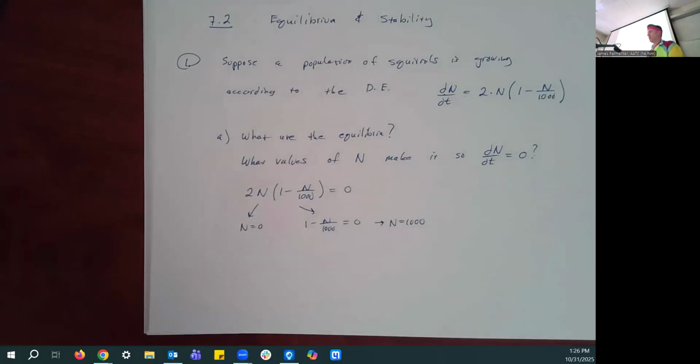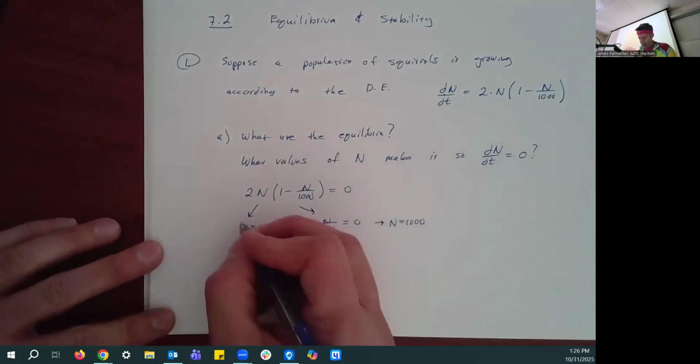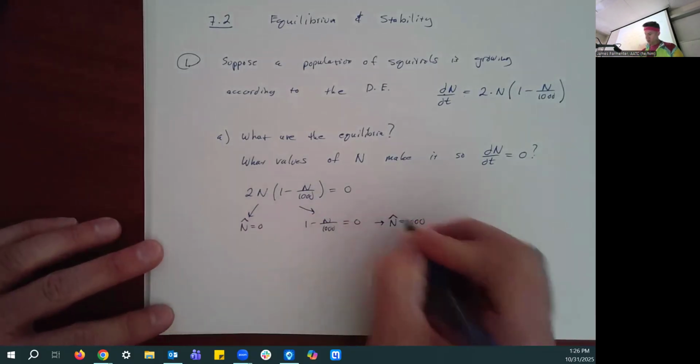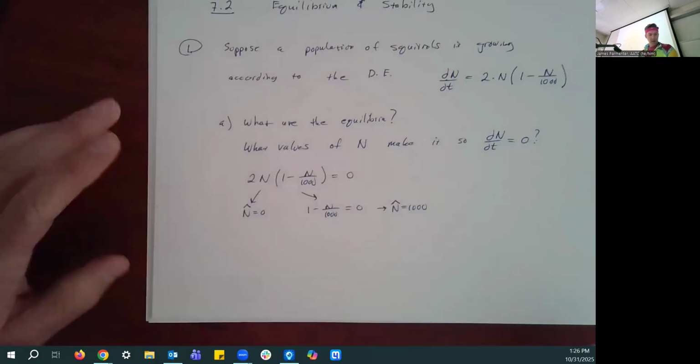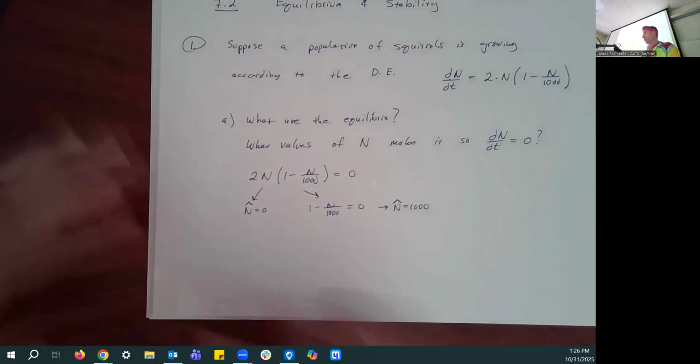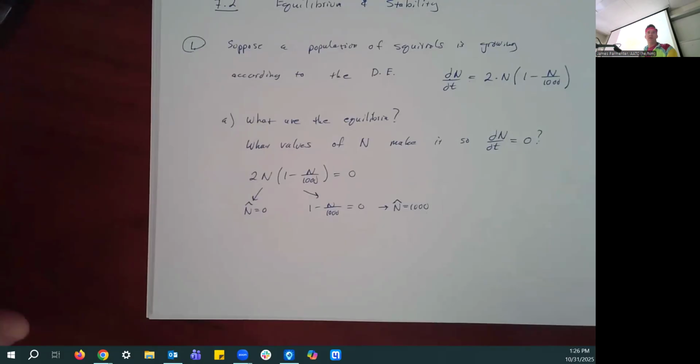Typically, when you're finding equilibria, instead of calling them N, we call them N hat. If it's an equilibrium value, you call it N hat or y hat, or whatever your function name is, hat. So N equals 0 and N equals 1,000 are equilibria. But the other question we want to answer is whether those population sizes are stable or unstable.